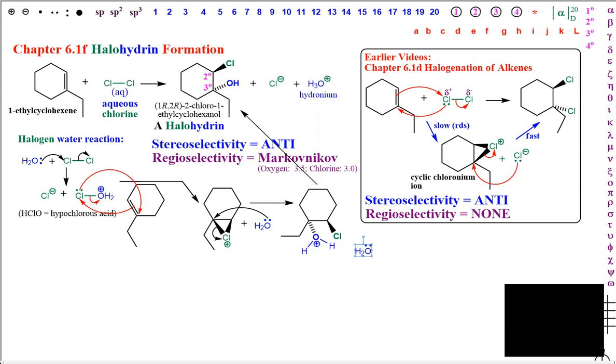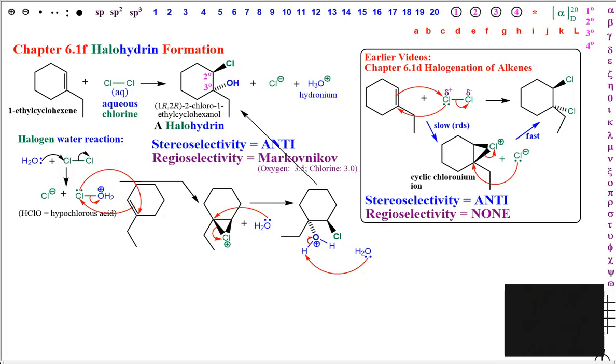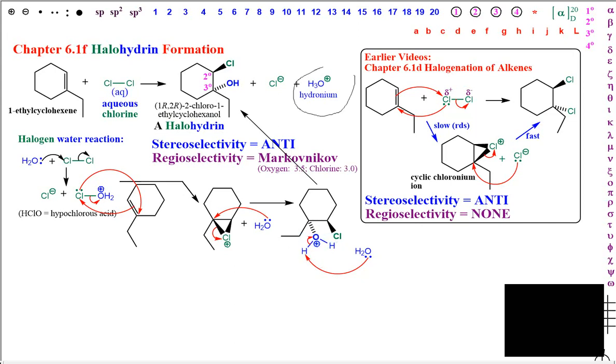Water will deprotonate this oxonium like this, and generate the hydrin, which is an old way of saying alcohol, and that would give us our final product. The oxonium ion loses its H to water. Water becomes hydronium. Vicinal halohydrin is formed.